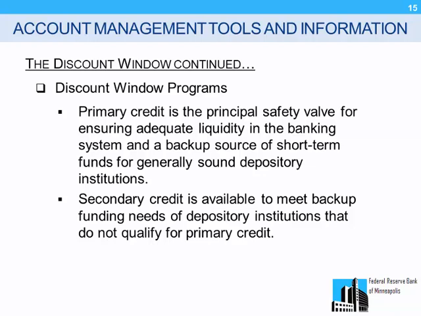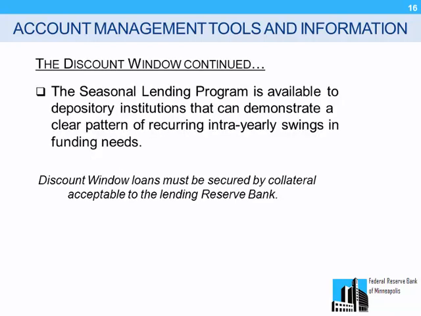The last program in the discount window is the seasonal lending program. And it's intended for institutions with demonstrated liquidity pressures of a seasonal nature. That is, DIs that have fluctuations in their deposits and loans that are caused by construction, college needs, resorts, farming, and other seasonal types of financial activity.